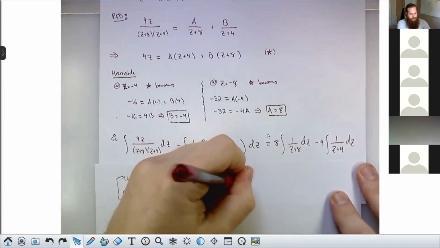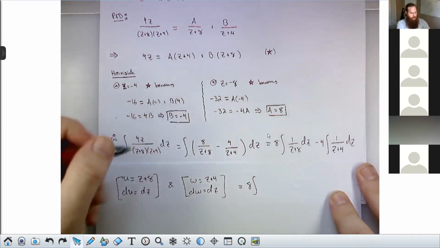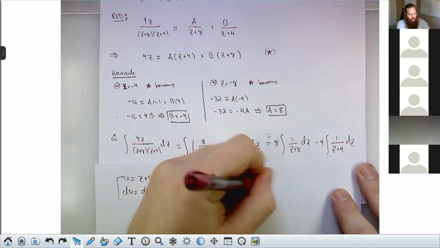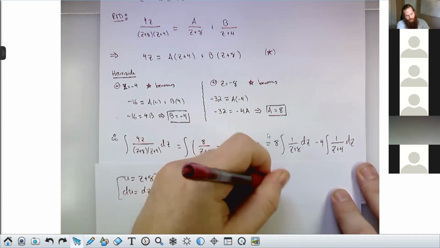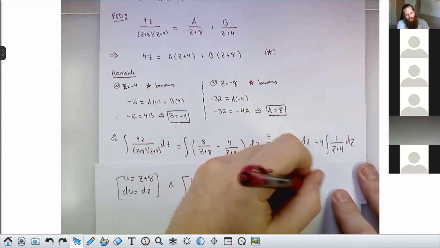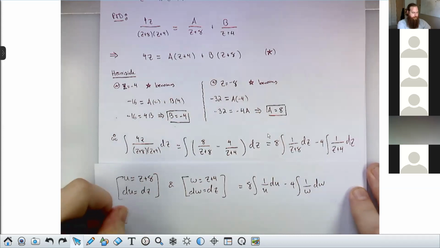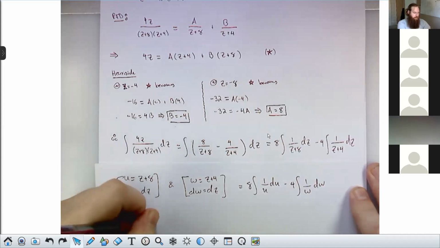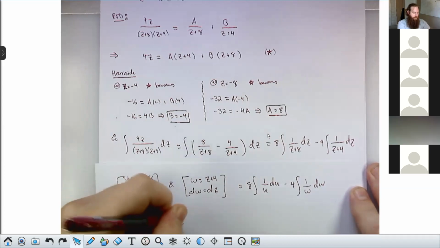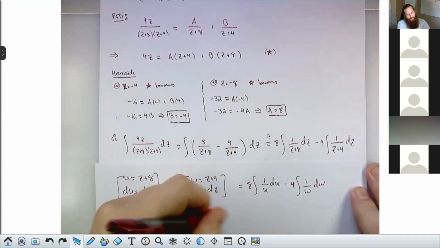So my integral will become 8 times the integral of 1 over u du minus 4 integral 1 over w dw. So that's 8 times the natural log of u minus 4 times the natural log of w plus c.